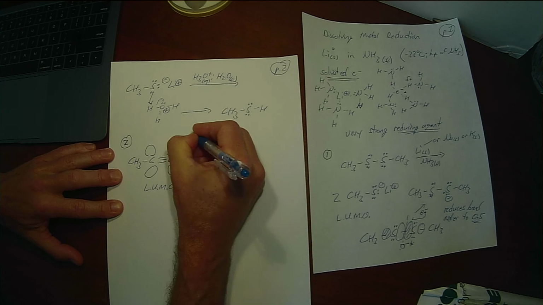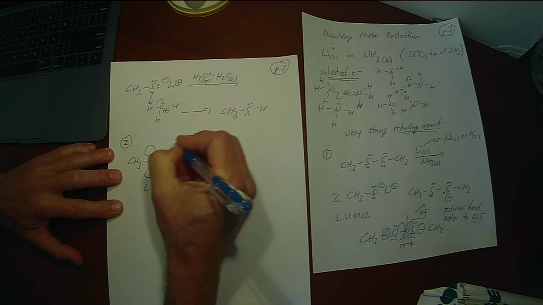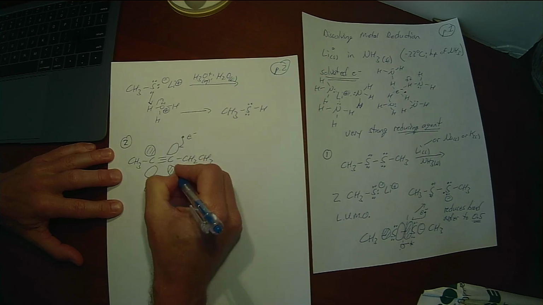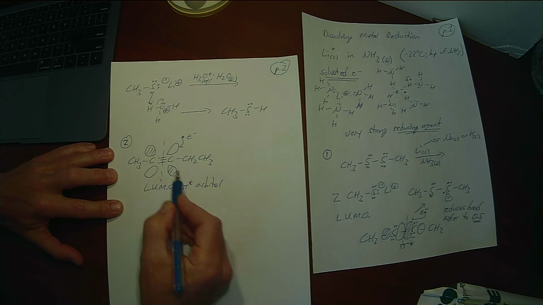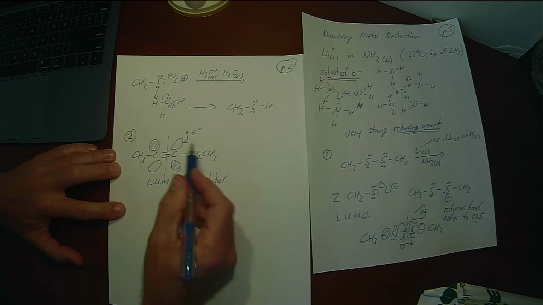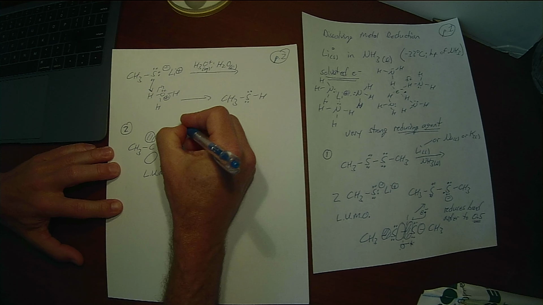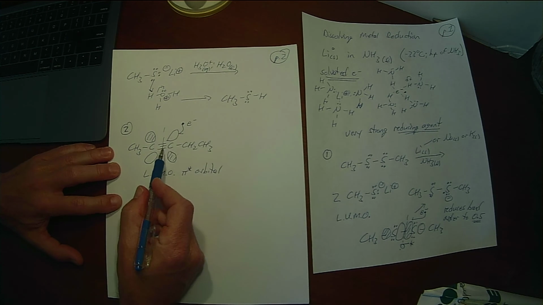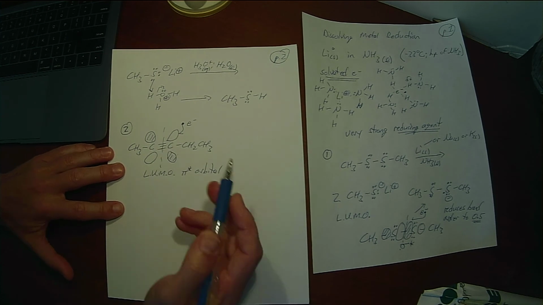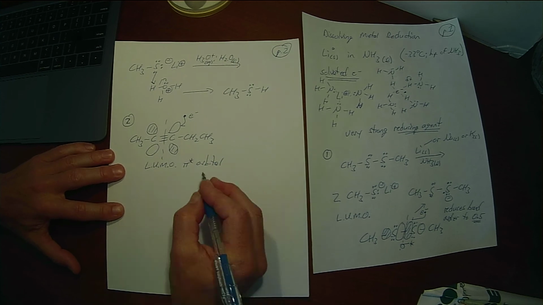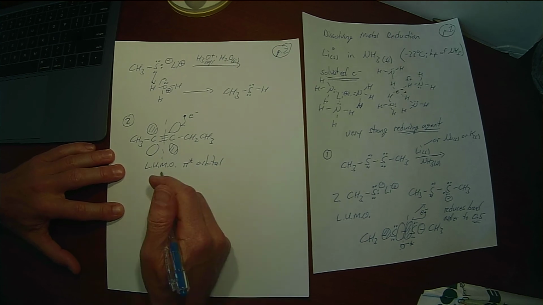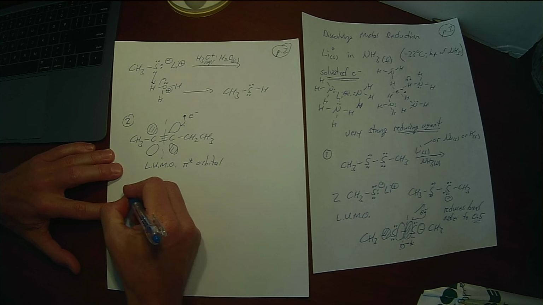The electron is going to donate into that pi star orbital, and that's got nodes both on the plane and perpendicular. That's going to weaken the pi bond. Instead of having a bond order of 3, you're going to have a bond order of 2.5, basically 1.5 pi bonds. It's going to create a radical anion again, just like we created a radical anion on the disulfide.